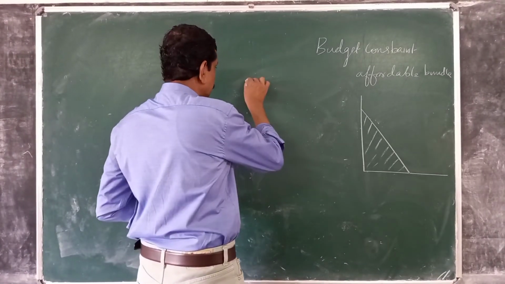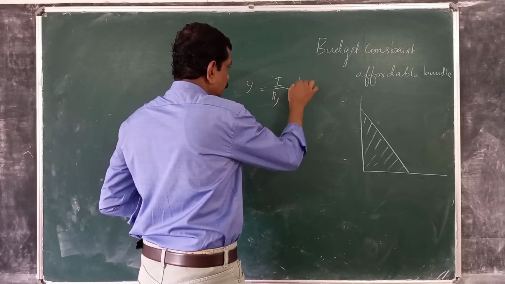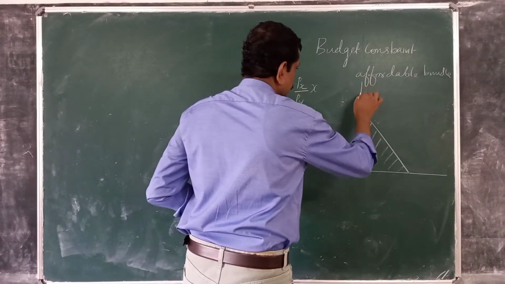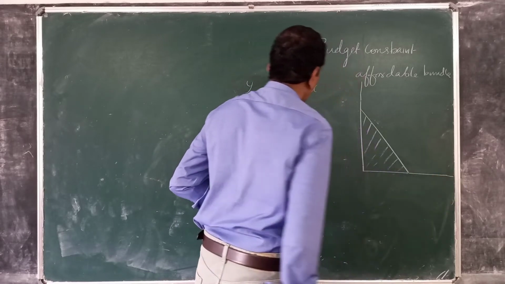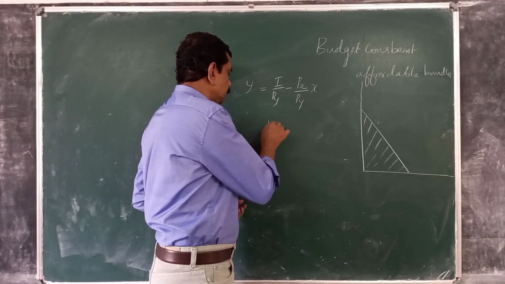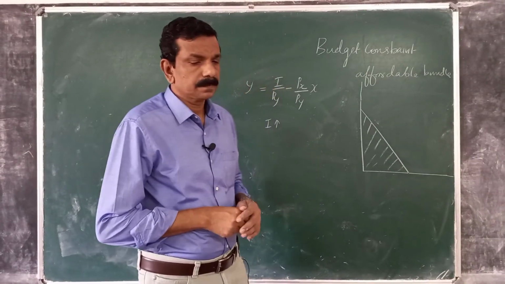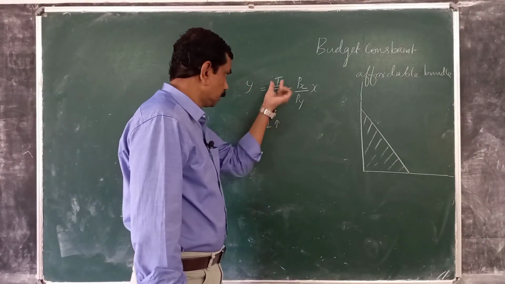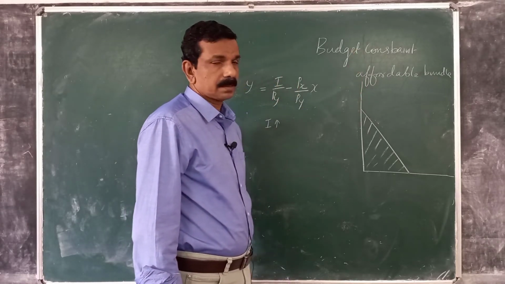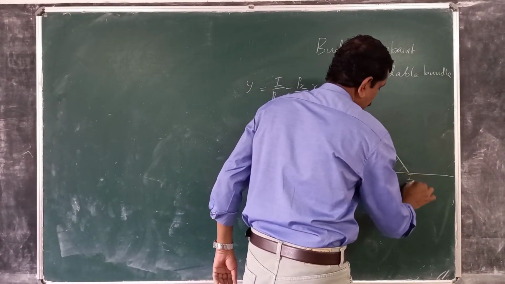Now, we know that y is equal to I by py minus px by py into x. Now, let us see what happens if income increases. If our income increases, the y-intercept shifts upwards. This is I by py, this is I by px.